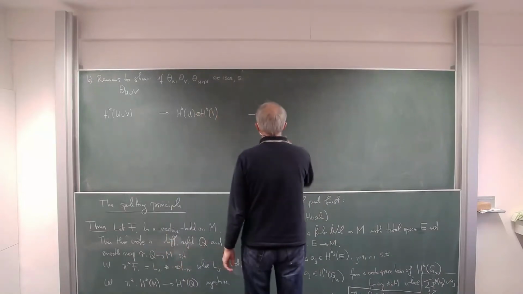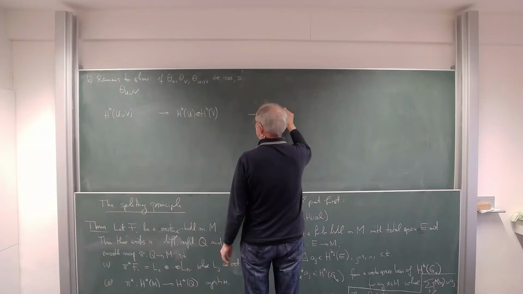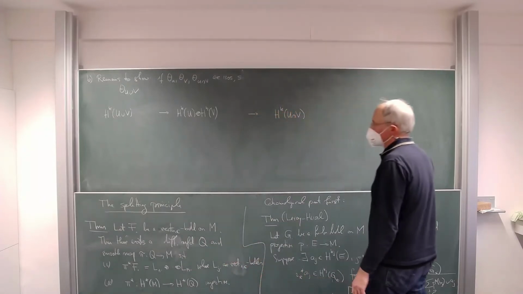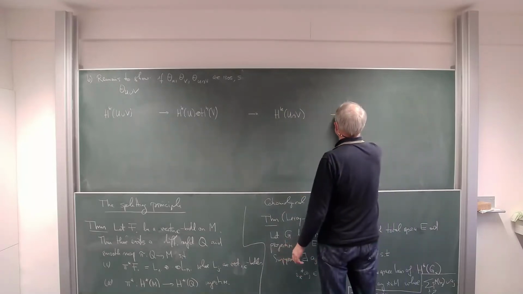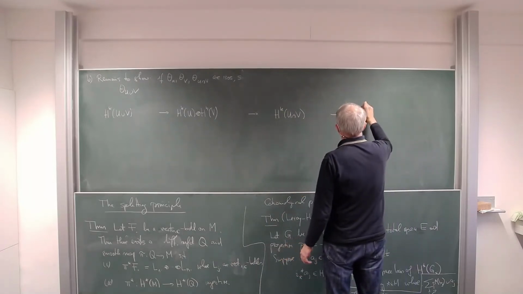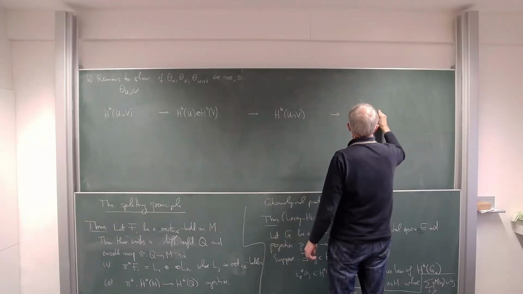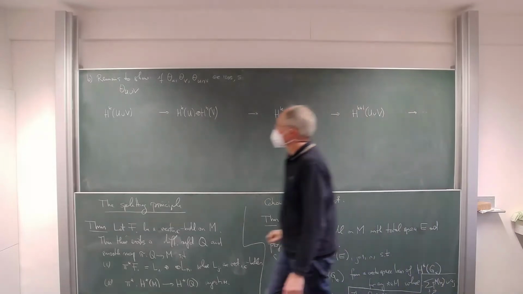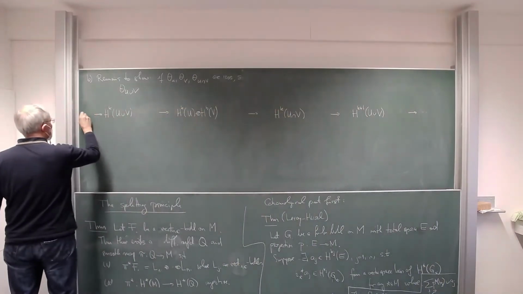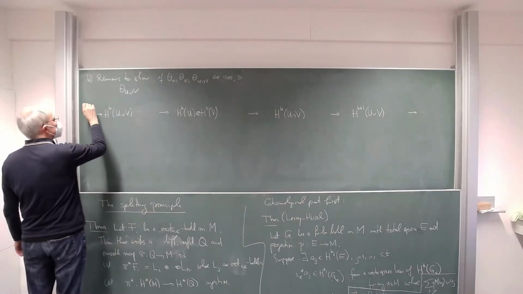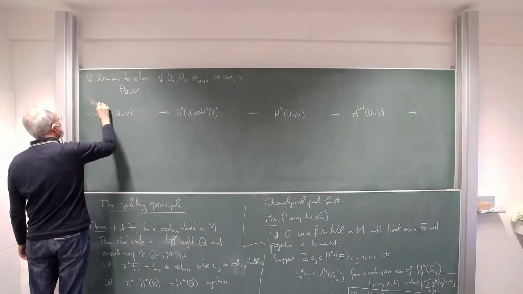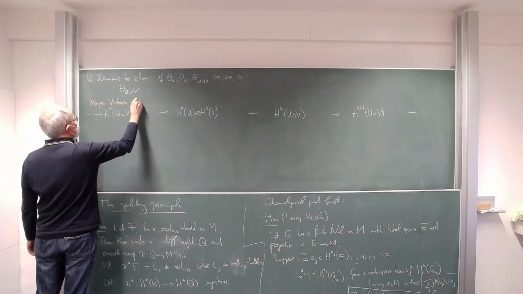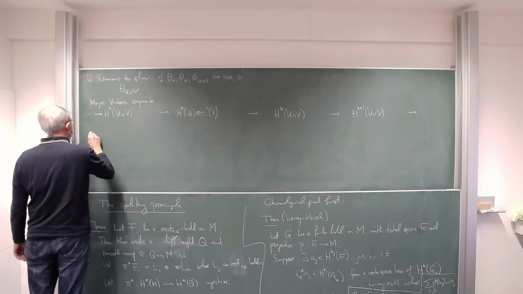Then we go to HK of the intersection. And then we have a connecting homomorphism that gets us to the next level, HK plus 1 of U union V, and so on. So that's the Mayer-Vietoris sequence. And this is exact.